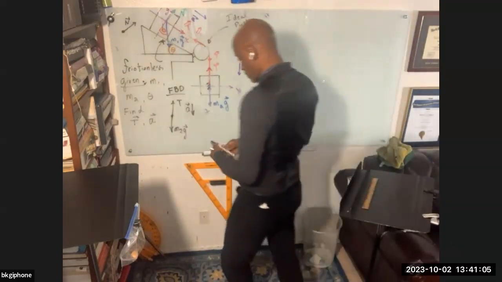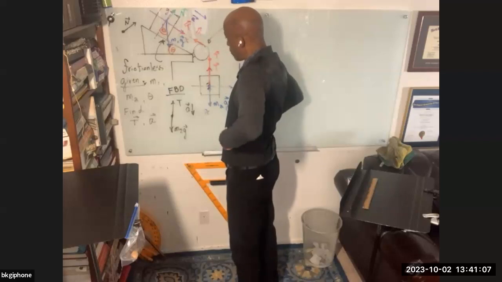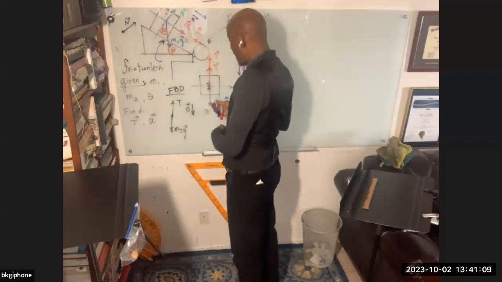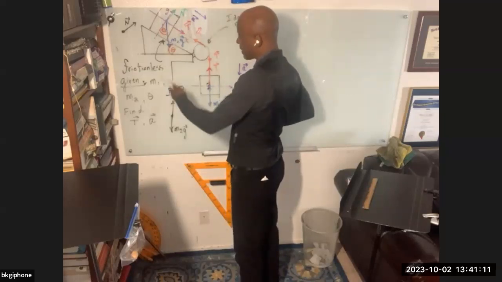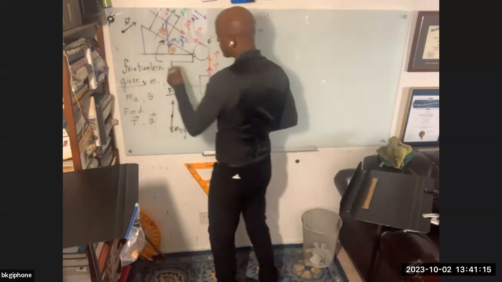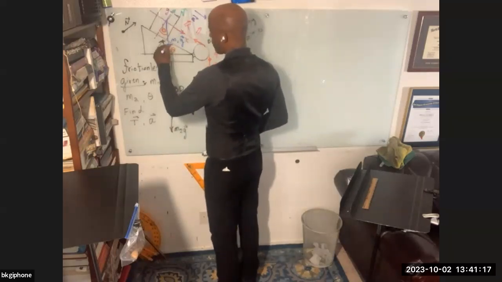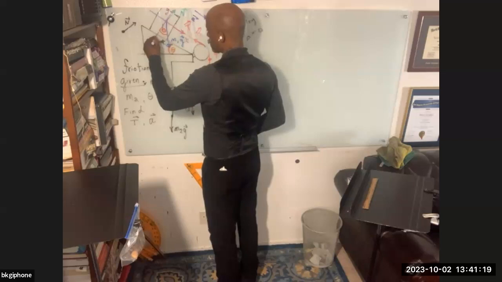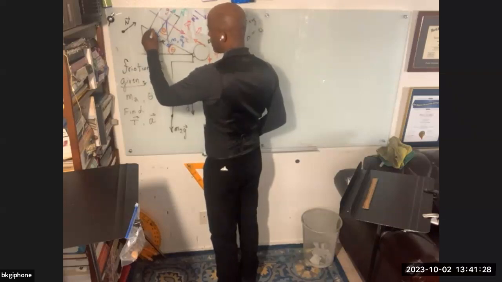Yeah, so I like to try to keep my free body diagram a little bit clean. And so here I'm going to have a component along this direction. That's going to be mg cosine theta.